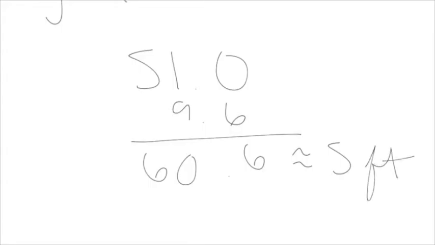So I added this 9.6 to my shoulder height, which was my (0, 0), and I got about 60.6 inches, which is about equivalent to 5 feet, which is exactly where Mark's jaw would stand. So that is a big check mark, as our reflection seems to be about accurate and our calculations seem to be very good.